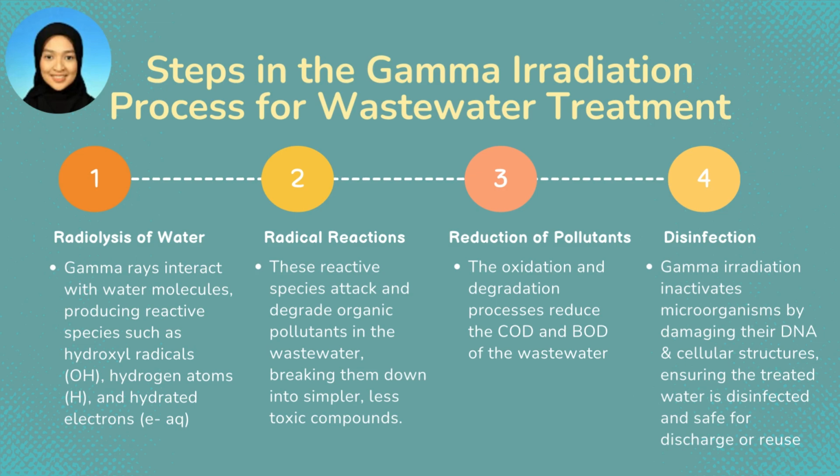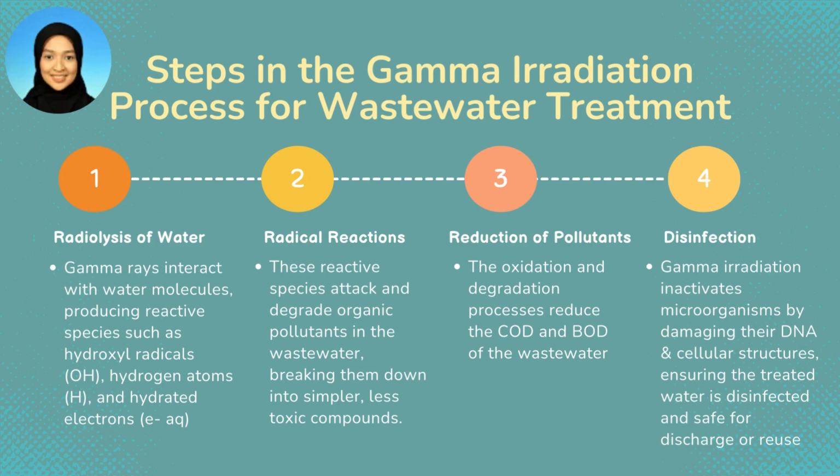Now, let's go through the specific steps involved in this process. First, radiolysis of water. Gamma rays interact with water molecules, causing the water to break down into hydroxyl radical OH, hydrogen atoms H, and hydrated electron. Second, radical reaction. The hydroxyl radical and other reactive species then attack and degrade the organic pollutants present in the wastewater.